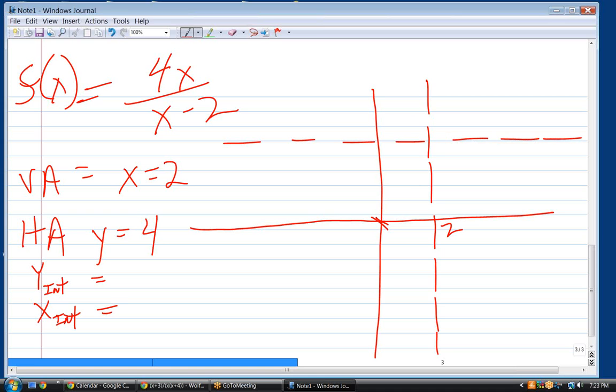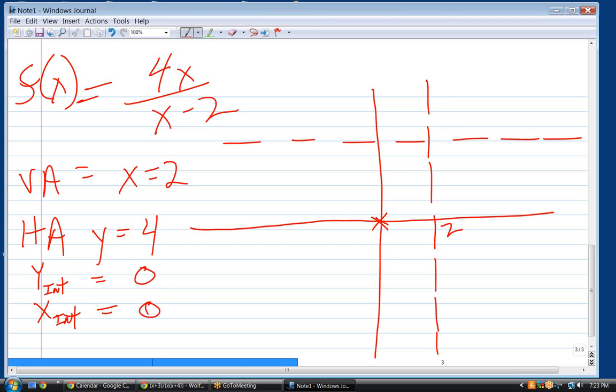Y-intercept. If we plug in 0 for x, we get 0. So there's the y-intercept, and obviously when the y-intercept is 0, well then that's also the x-intercept. We can see that it's both a y and an x-intercept right there.